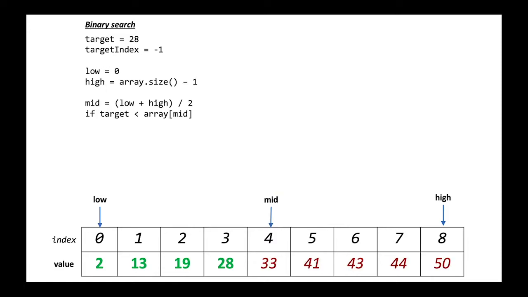We know now that all of the numbers on the right of mid are not what we are looking for, because the array is sorted, and all numbers to the right of mid are greater than mid. And so we move the high pointer over to the left of the current location of mid. We know that our target, 28 in this case, is somewhere over here on the left.